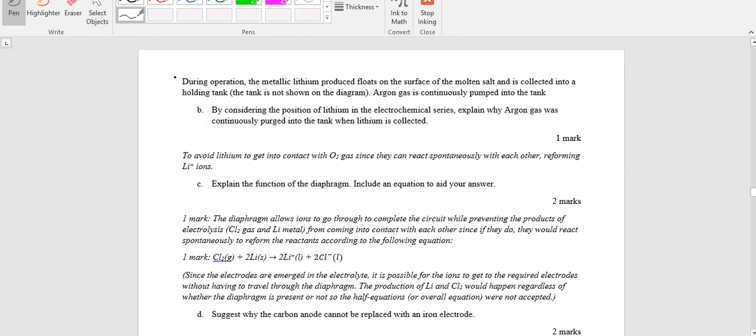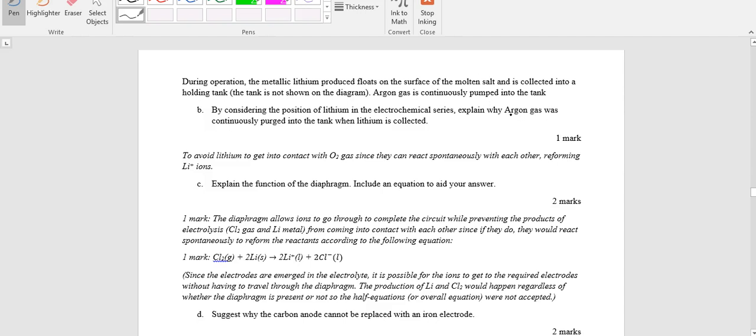So a lot of people, when they wrote the answer to this question, started talking about how argon gas is to prevent lithium from getting into contact with chlorine, but lithium already exited the tank, so you can't really say that.